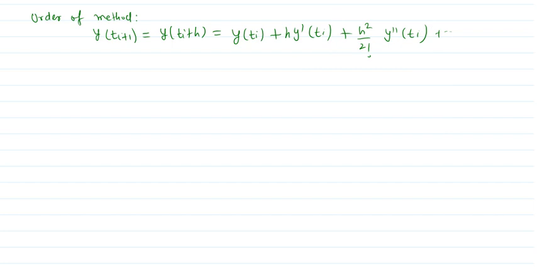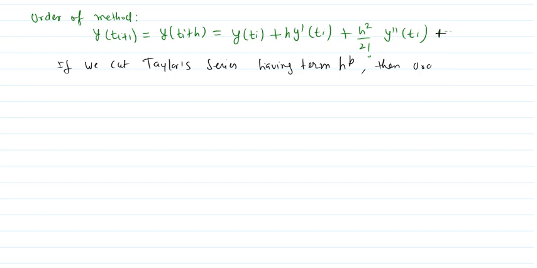So if we cut the Taylor series, or you can say the neglected term, having term h power p, then the order of the method is p.